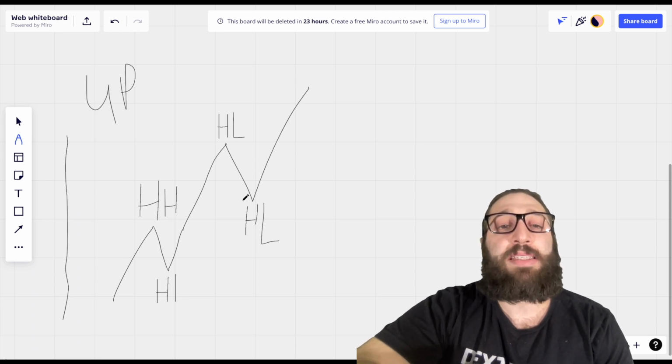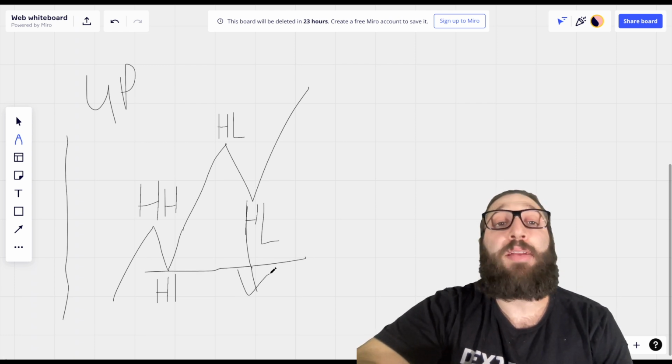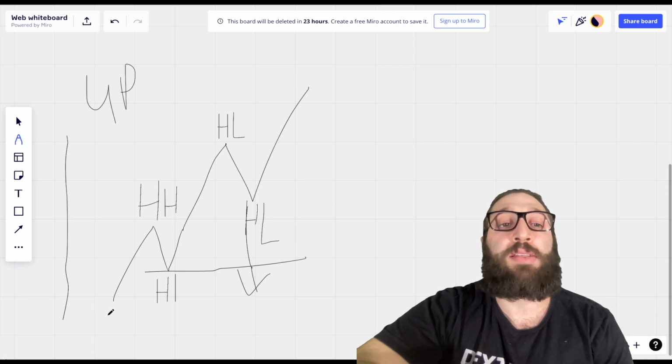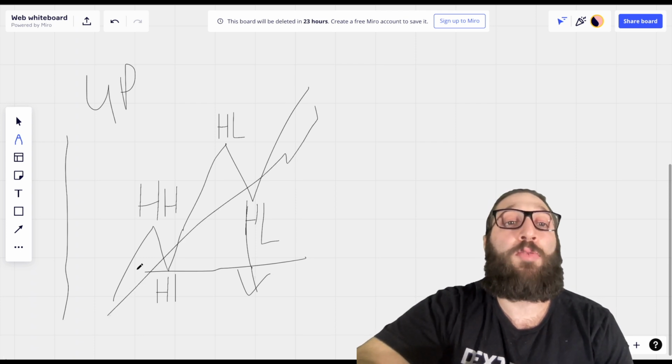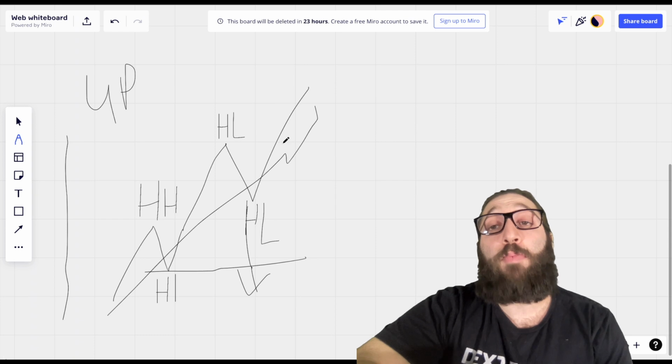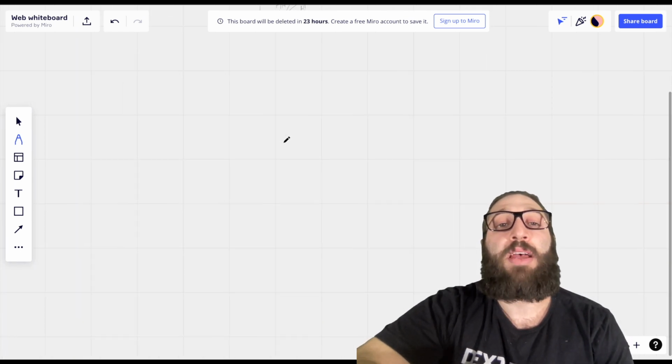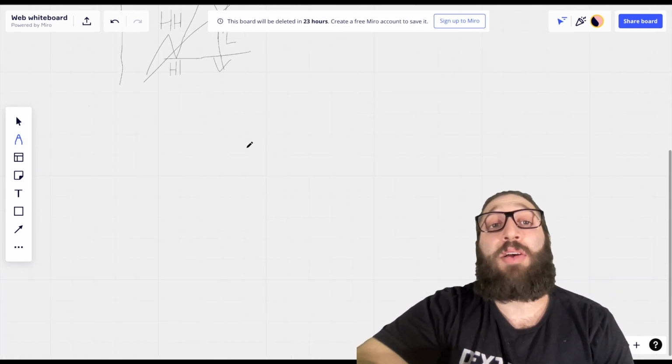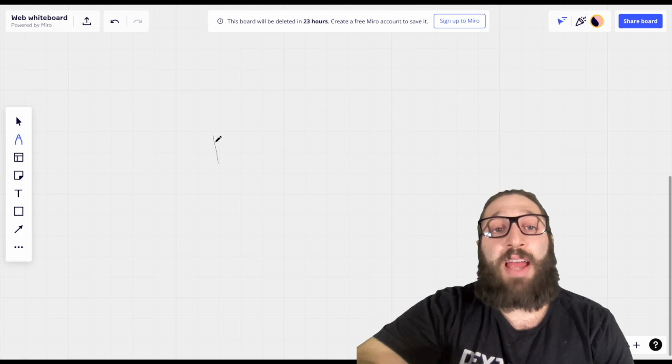The price doesn't come back down and invalidate this low, or the market structure would be broken. So we have a clean move up with some pullbacks. That's a healthy market.